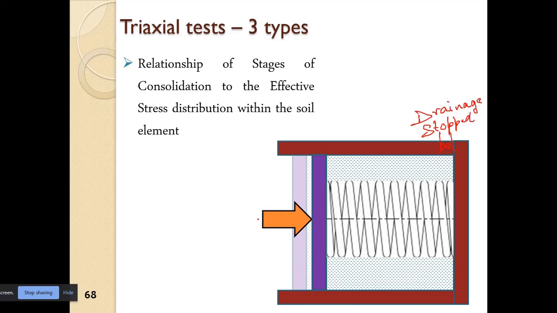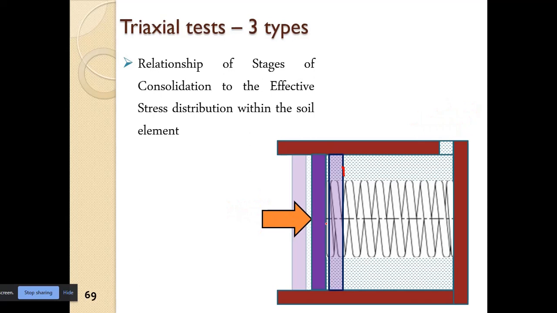Now suppose here we are applying 5 kg load. For a 5 kg load, the spring should have been compressed up to this point, so that there is no pore water pressure, if we want to consolidate the soil to the state where there is no pore water pressure.